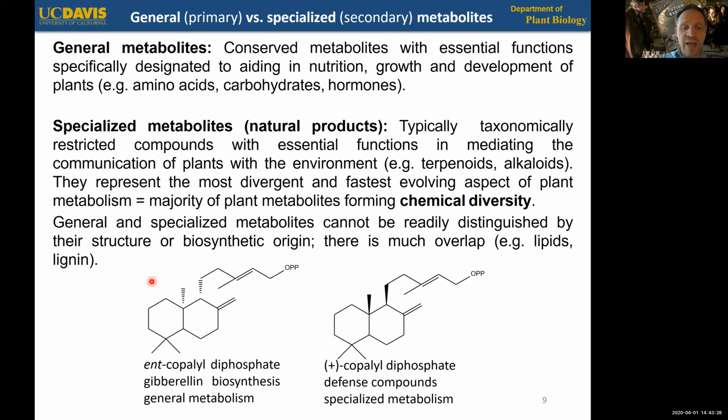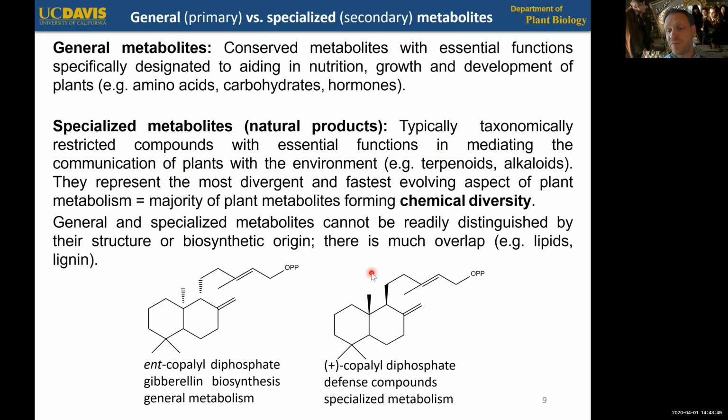The one here being ent-copalyl diphosphate, and ent here highlights the enantiomer at C9 and C10, which is facing backwards here. And its close sibling here, normal copalyl diphosphate, is the enantiomer with the opposite stereochemistry at C9 and C10.